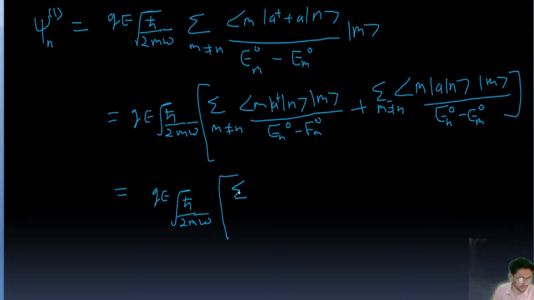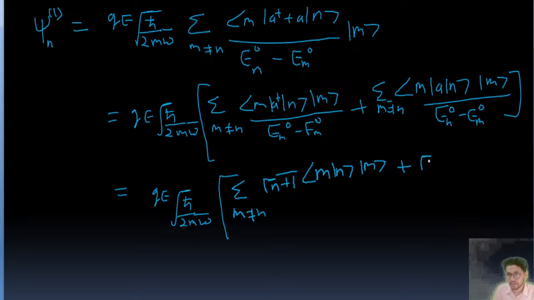So this is going to be, for m not equal to n, this is root n plus 1, and this is going to be |m><n| and outside m. And similarly here this is going to be root n, |m> into m minus 1.